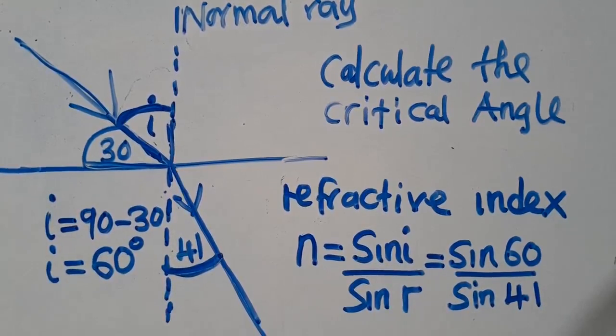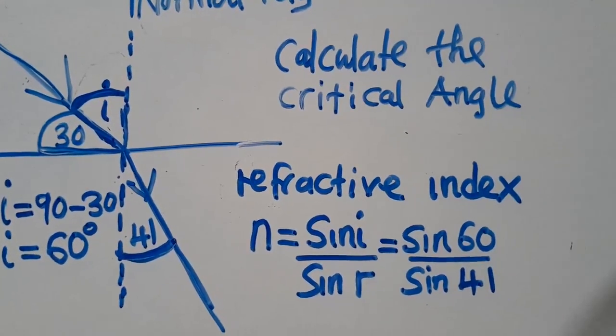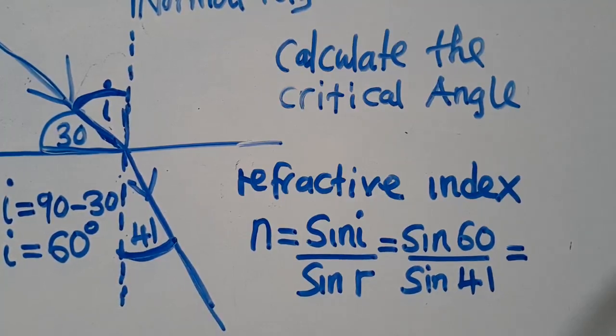And then if I do the calculations, what answer am I getting? I'm going to show you the easiest way in which you can type this on your calculator and just get the answer once. You say open bracket, sine 60, close bracket, divide by open bracket, sine 41, close bracket.